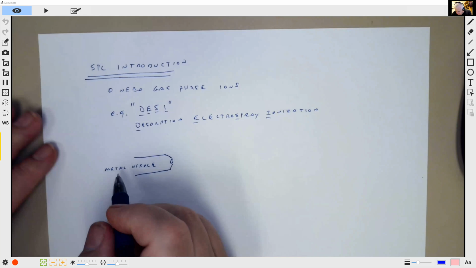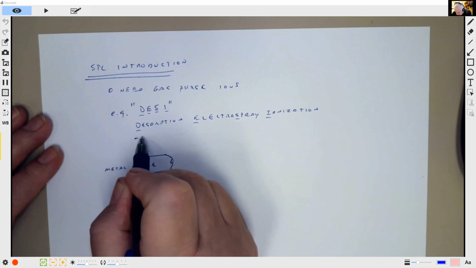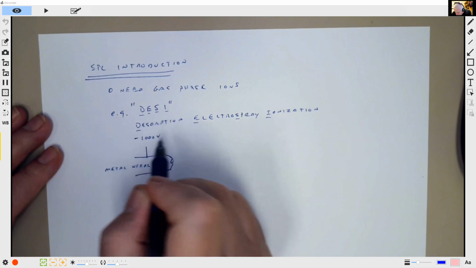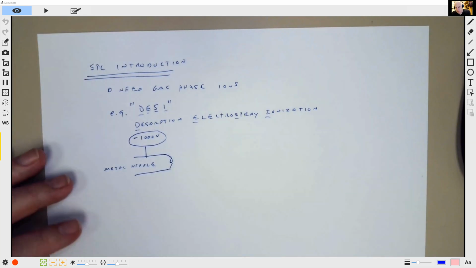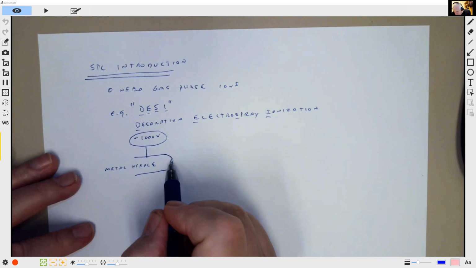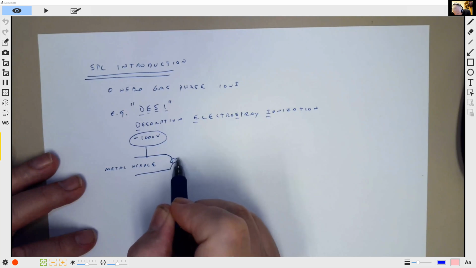And this metal needle is held at -1 kV, right? And then you can somehow establish a little flow of droplets out of here.